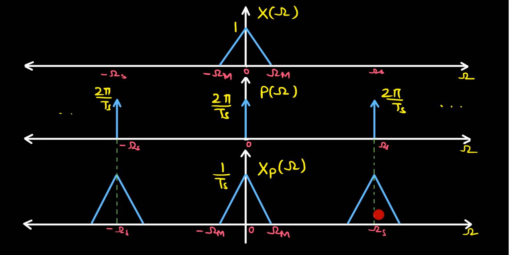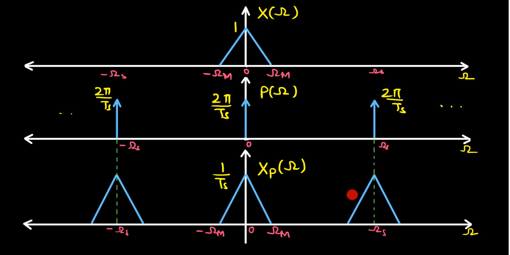So it is located at omega s, it is located at minus omega s, it would be located at 2 times omega s, 3 times omega s, and so on, and similarly at minus 2 omega s, minus 3 omega s, and so on. So therefore, when we are sampling in the time domain, we are getting replicas in the frequency domain.